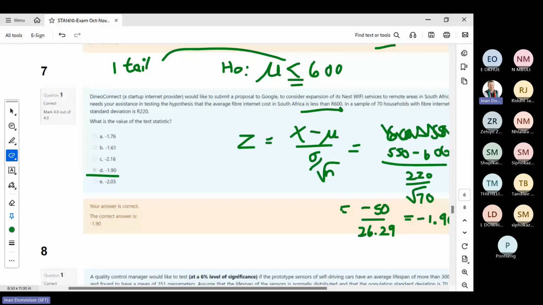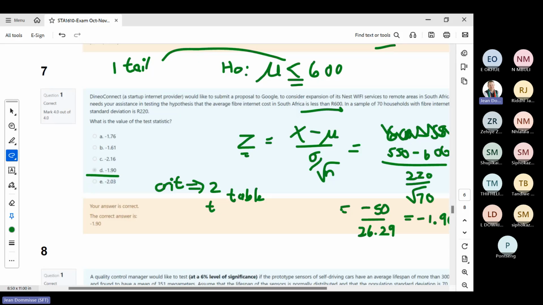Whenever they ask you to work out the critical value, that you get from the Z or the T table. So if I ask you a critical value, then Z or T table, you don't need to do this calculation. This is only for the test statistic.